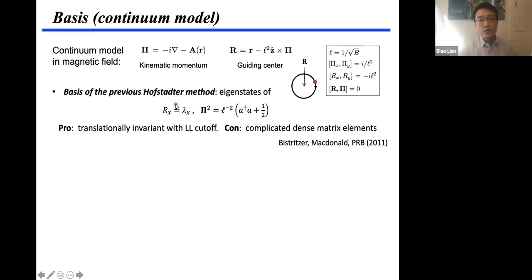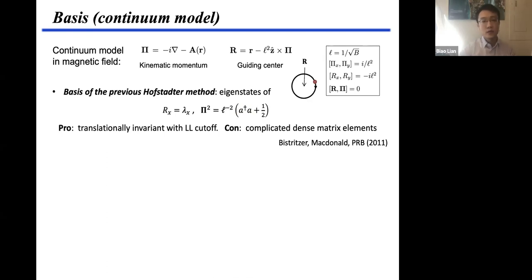For the previous Hofstadter method, for example, the model of twisted bilayer graphene was studied by Bistritzer and MacDonald in this PRB paper, where they calculated the Hofstadter butterfly of the system. There, the basis they choose is the eigenstates of the Rx operator, the X guiding center, and pi squared, the kinetic momentum squared, which is proportional to the Landau level number.